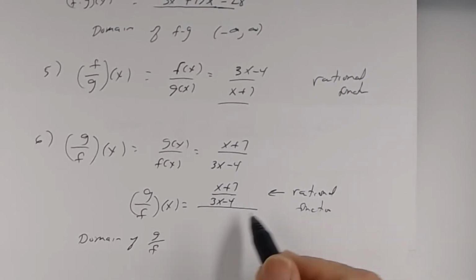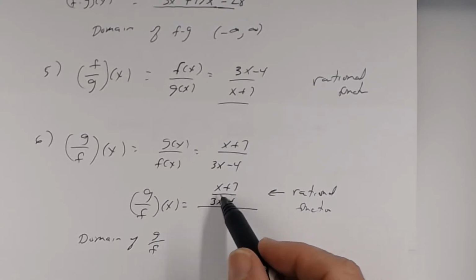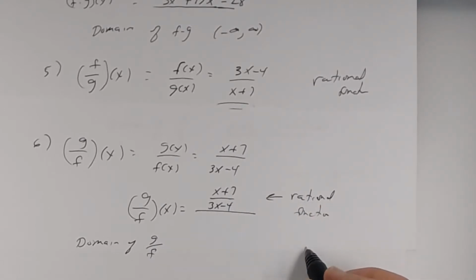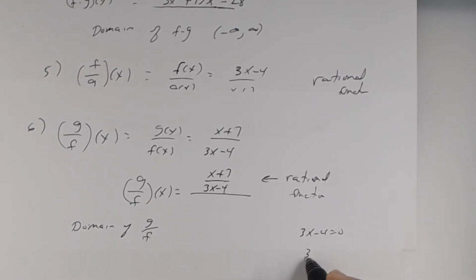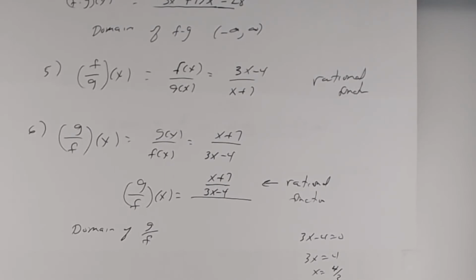Where is the denominator equal to 0? All you do is just ask yourself, where's 3x minus 4 equal to 0? So 3x equals 4, so what does x equal? 4/3. So I can use any number except what? 4/3. So on your number line, if you need to, you put 4/3 and you cross it out.